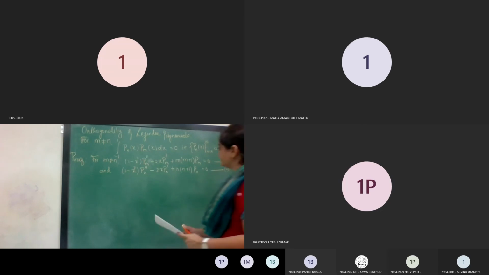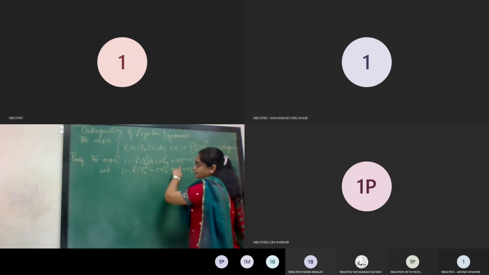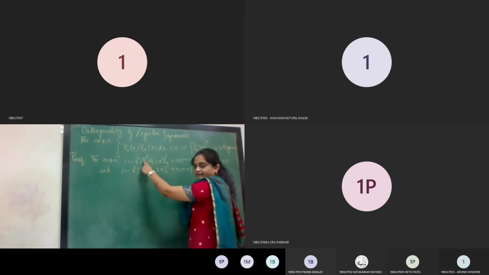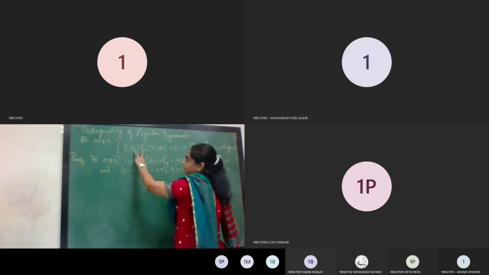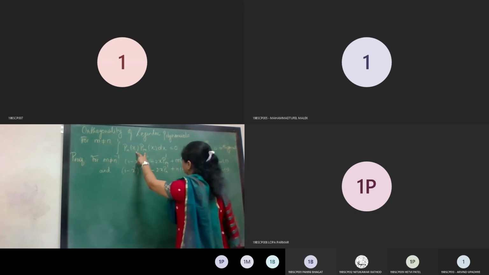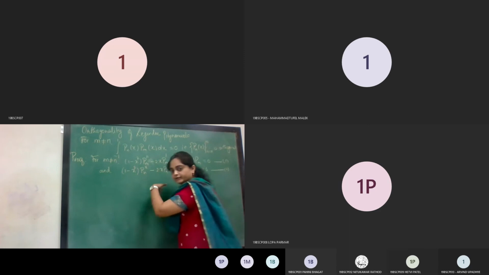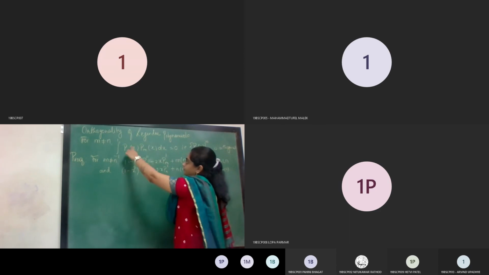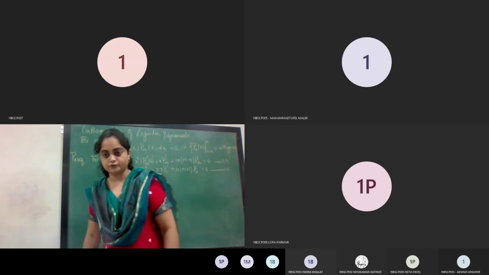So what we will do, we will multiply the first equation with Pn. What we actually want is Pm and Pn both together in the integral. So we will multiply this equation with Pn and that equation with Pm, and then finally we will sort it out and try to get a form so that we can integrate that term with respect to x from -1 to 1.